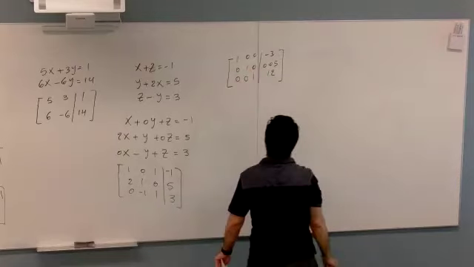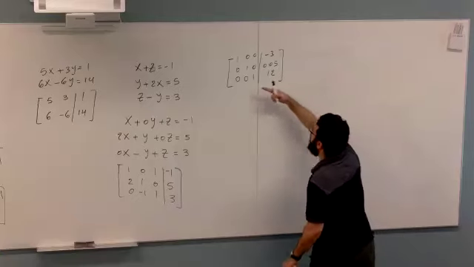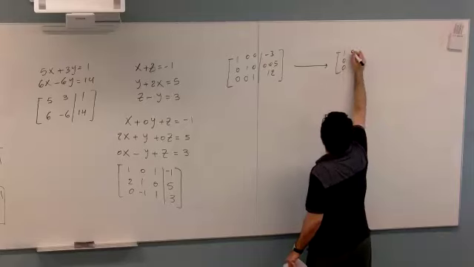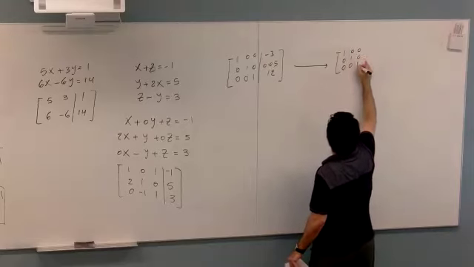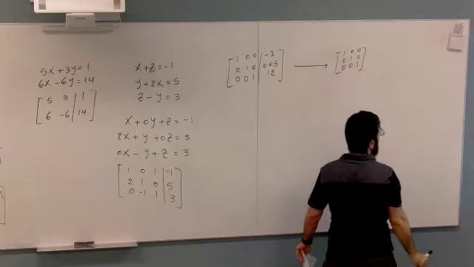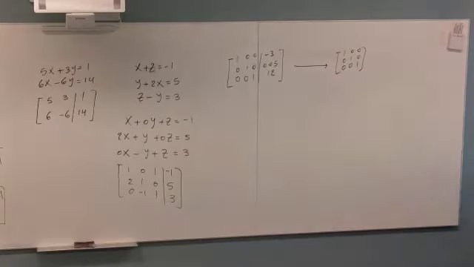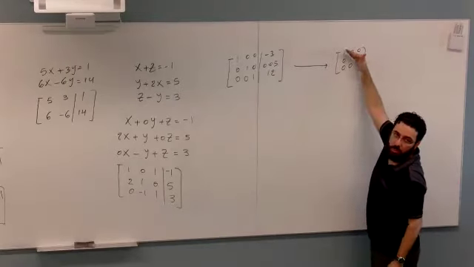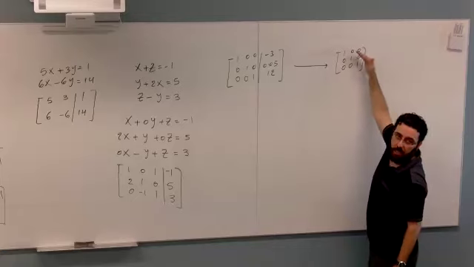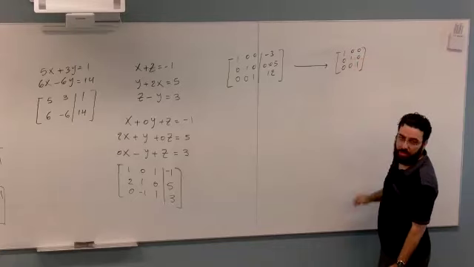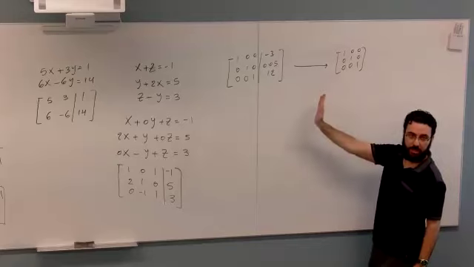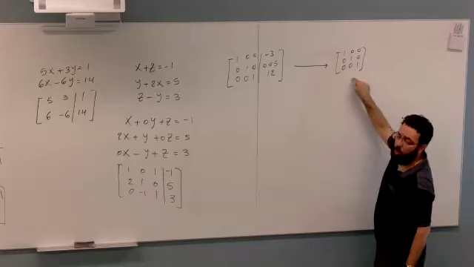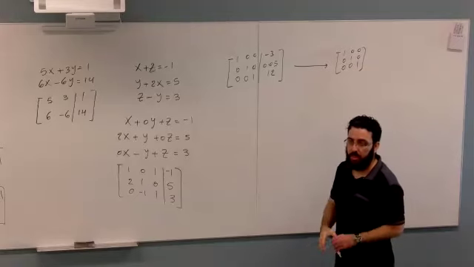Check this side, 1 0 0 0 1 0 0 0 1. You see this side? All the numbers are zeros except the diagonal. This is called the diagonal, okay? Which is 1 1 1. This is called the identity matrix.